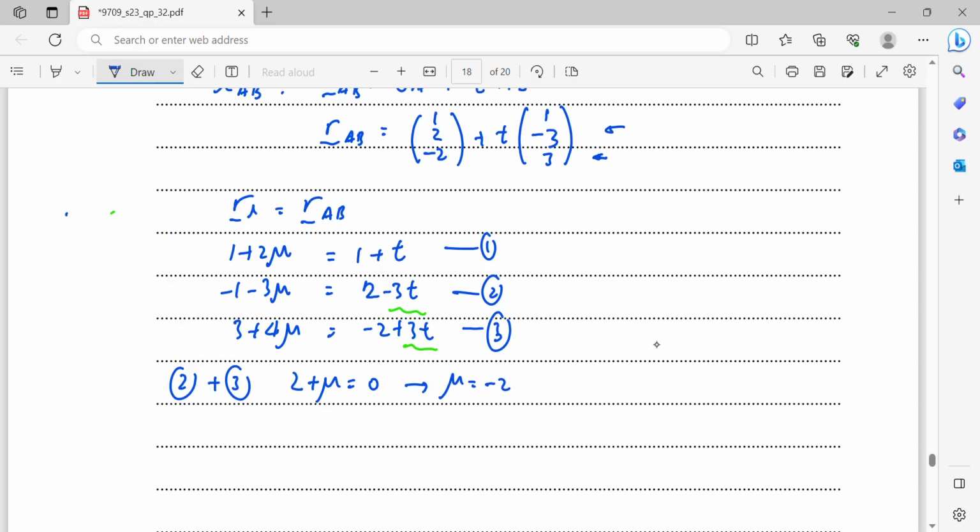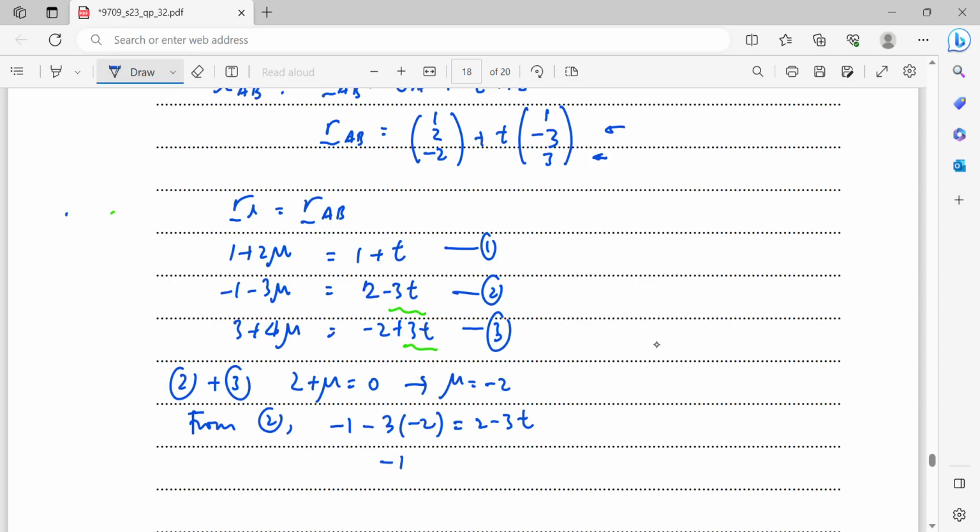Now, I used second and third to get mu equals negative 2. To get t, I need to use the second or third equation again. So I will substitute into the second equation. I will get minus 1 minus 3 of negative 2, because mu is negative 2, equals 2 minus 3t. But before I move terms, I will simplify first.